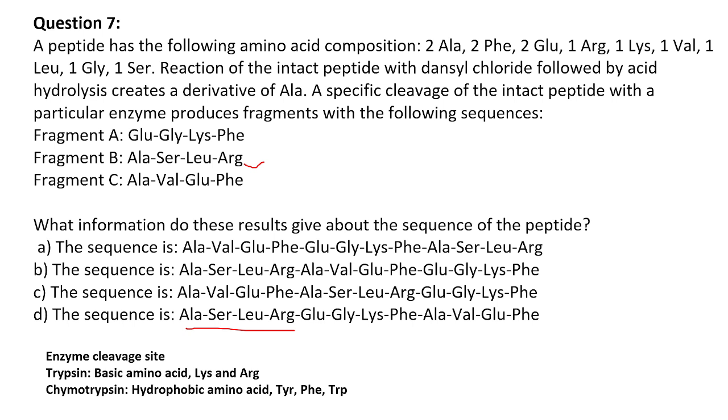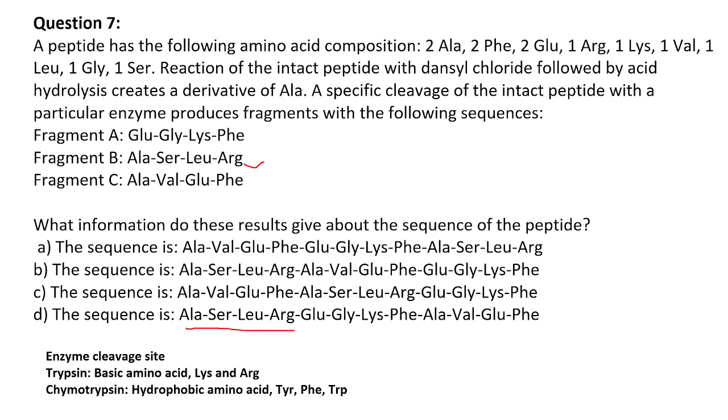So the sequence will be alanine, valine, glutamic acid, phenylalanine, then glutamic acid, glycine, lysine, phenylalanine, and then serine, leucine, arginine. Here the same peptide, same amino acids, and same enzyme have been used for the cleavage site.